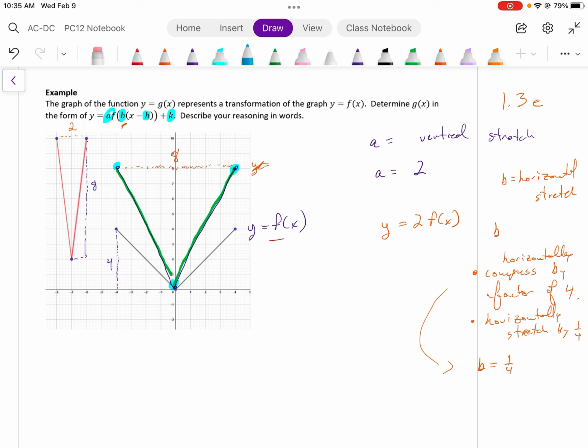So right now, I have y is equal to 2 f of 1/4. No, I lied here. I'm so sorry. B is equal to 4. I fell into that trap, right? So B is equal to 4.